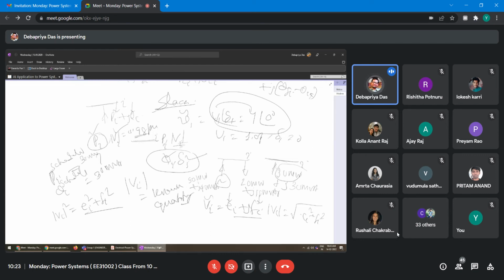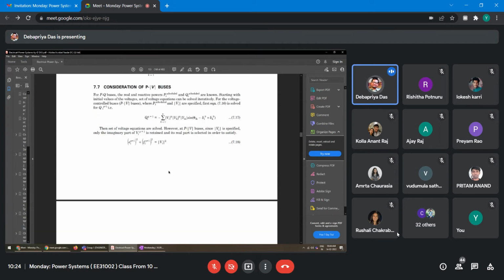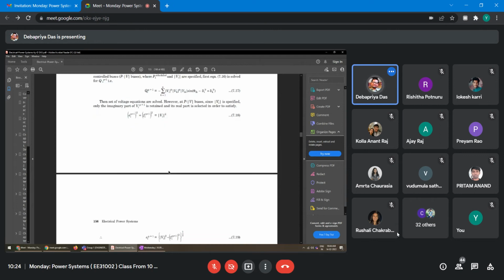Then how will we do this? We write at the pth iteration, this part will remain unchanged, but Ei(p), whatever value you get iteratively, is different. After that, we write this equation at the (p+1) iteration: Ei(p+1) square plus Fi(p+1) square is equal to magnitude Vi square. At every iteration, we will retain that.